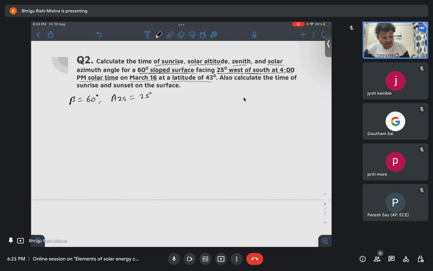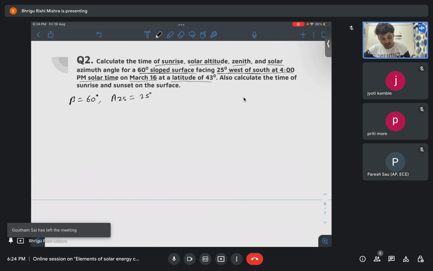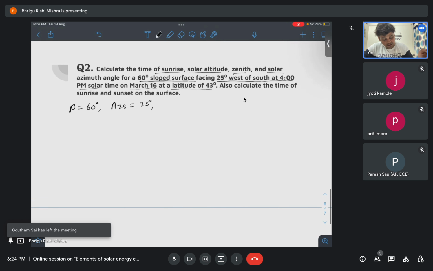Since it is west of south, and I have told you that if the surface azimuth angle is in the west of south, we will consider it as a positive number. So Az dash will be 25 degree. Next, it is given at 4 p.m. solar time, so we can calculate the omega.